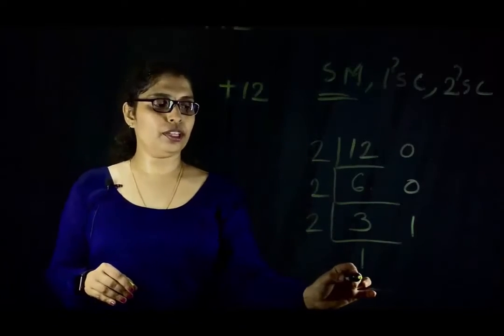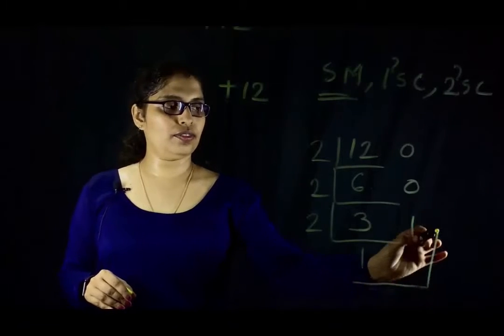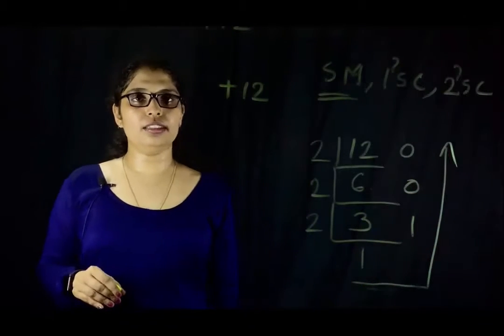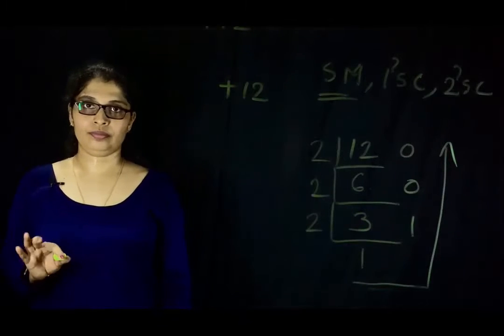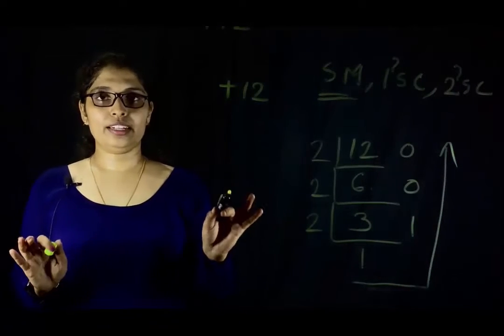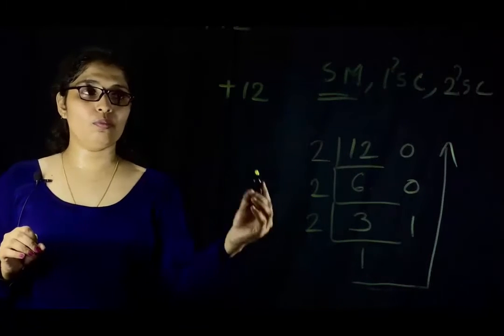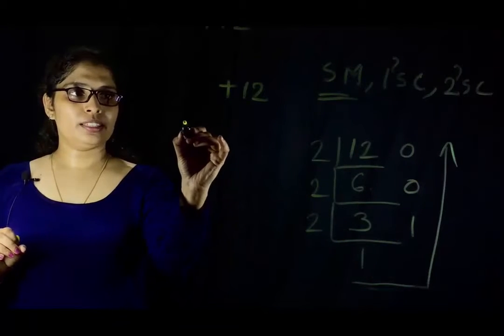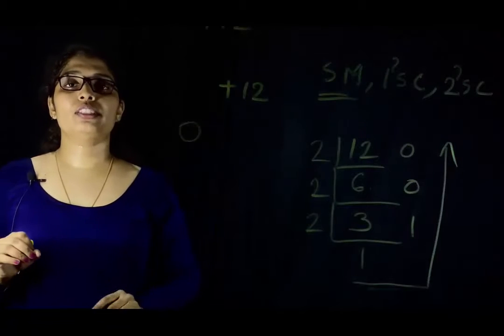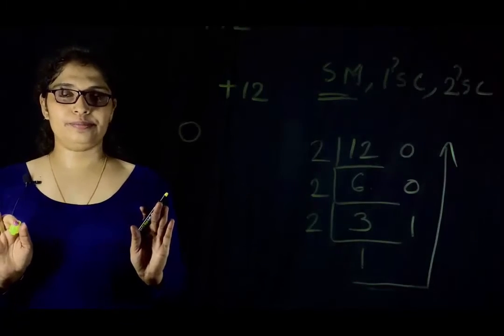So we can stop here and arrange all these bits in this particular order. Now we get the representation for positive 12 in sign magnitude form: the sign is positive, so put a 0 for indicating the sign.